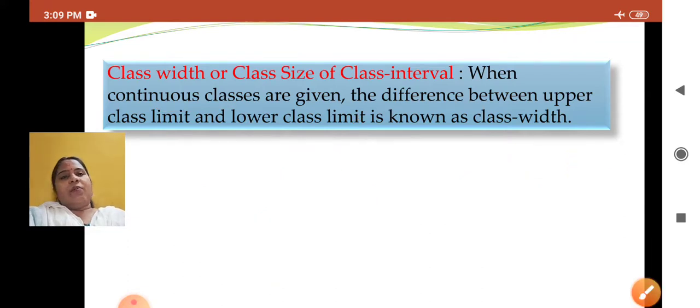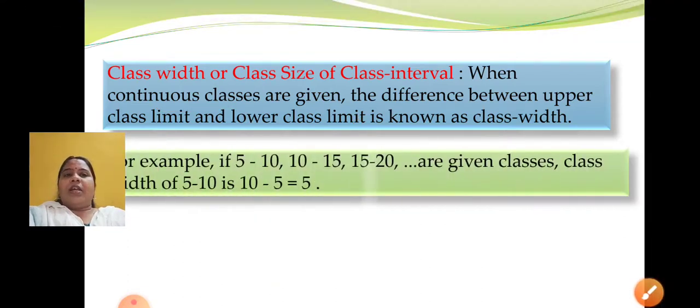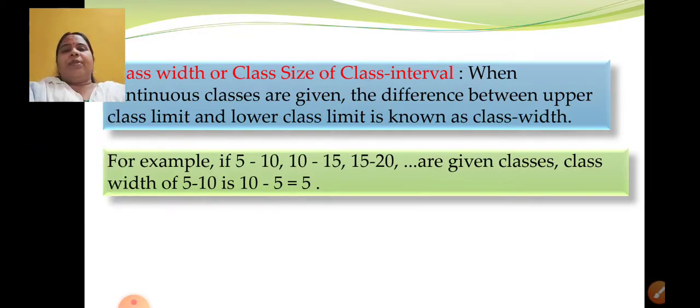What is class width or class size? It is upper limit minus lower limit. Now see this example. If 5 to 10, 10 to 15, 15 to 20 are the given classes. Class width of 5 to 10 is, as I have given you the formula, you can make a note of it. It is upper limit minus the lower limit. So 10 minus 5, that is 5.